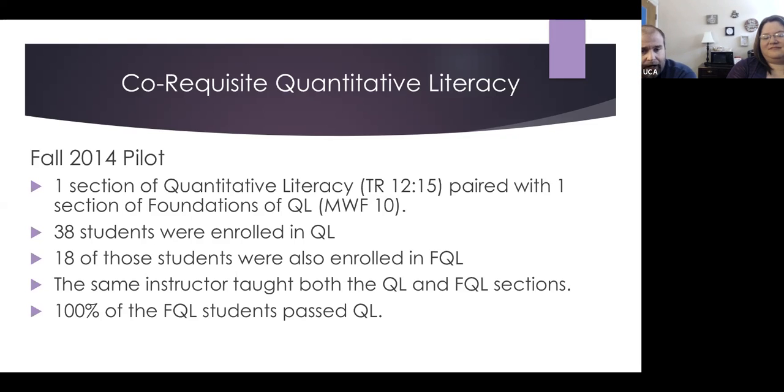So based on 100% making a D, we knew that we had a pretty good idea of what we were doing with our co-requisites. So we used that same approach over the course of 2014 to develop one for our college algebra.